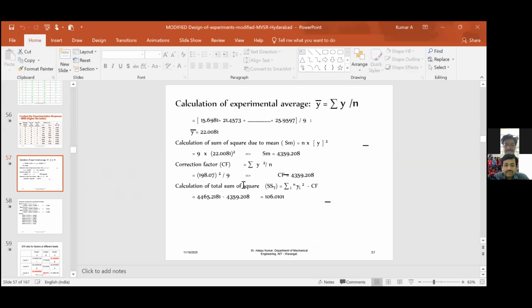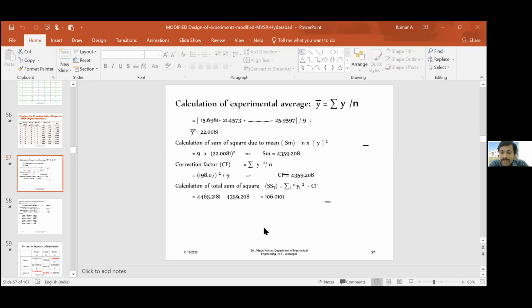There is no range. Based on your values only, you are getting it from this formula. Are you able to see sigma y square by n? That is the correction factor, sigma y bar square.